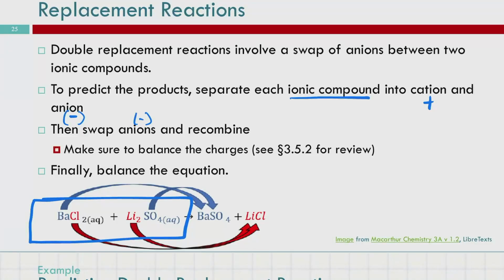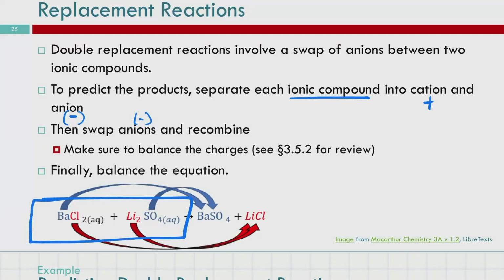We've got two positively charged ions, we've got two negatively charged ions. We could recombine them to form BaCl2 and Li2SO4 again, but that would just be our reactants and then nothing's happened. So we're swapping the anions, we're swapping the one that comes second, so that we get a new pairing.